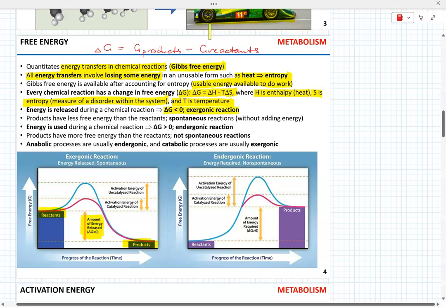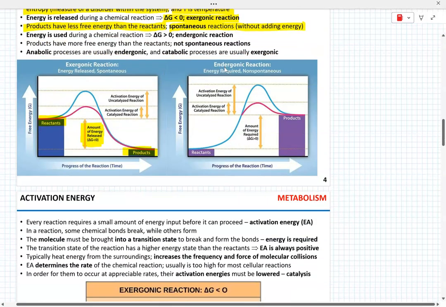We call this reaction exergonic. In exergonic reaction, products have less free energy than the reactants, and usually exergonic reactions are spontaneous. They do not require any energy input.